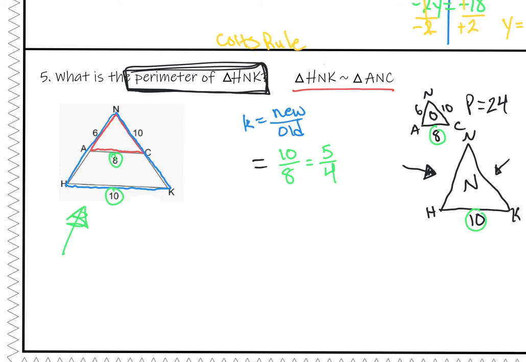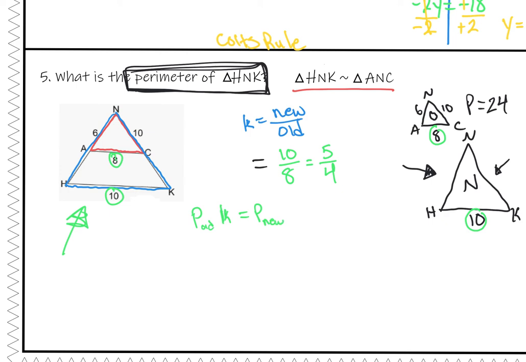The reason I wanted to show you this is because the way scale factor works with perimeter is the perimeter of the old times scale factor K equals the perimeter of the new triangle.